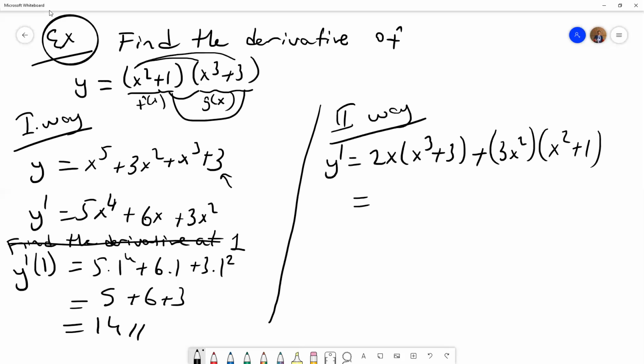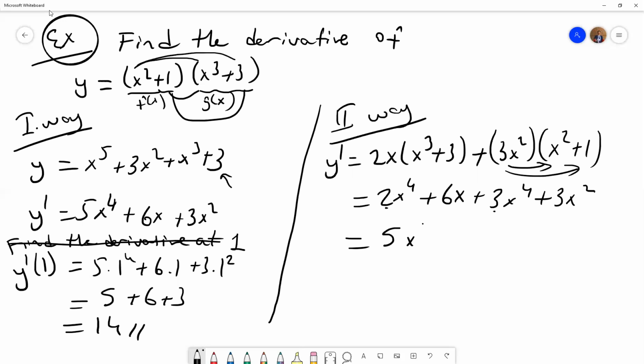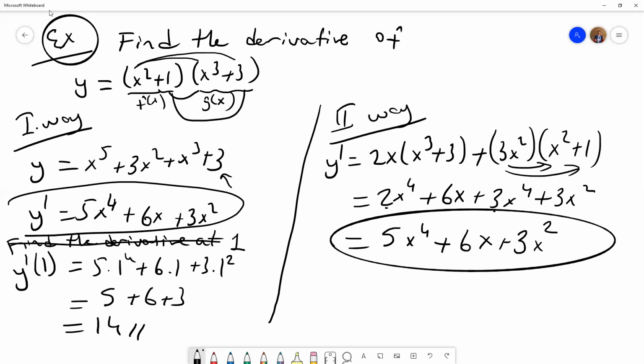So finally this is 2x to the power 4 plus 6x, plus 3x to the power 4 and 3x squared. So finally, these are 5x to the power 4 and 6x plus 3x squared. Yeah, they are same. This answer and this answer are same.